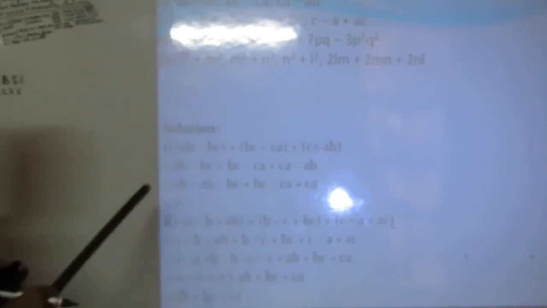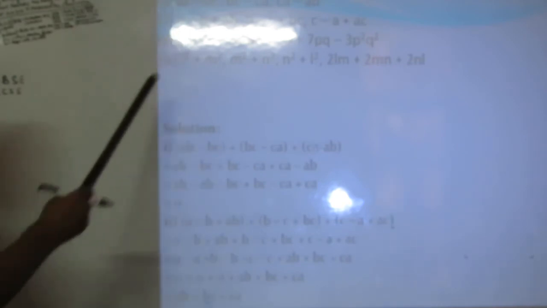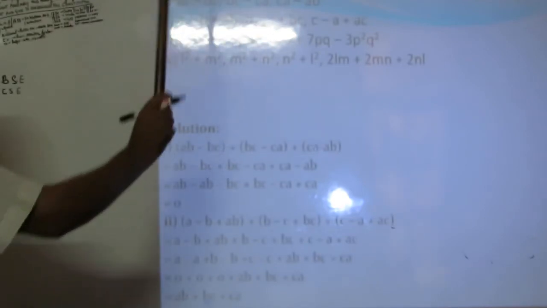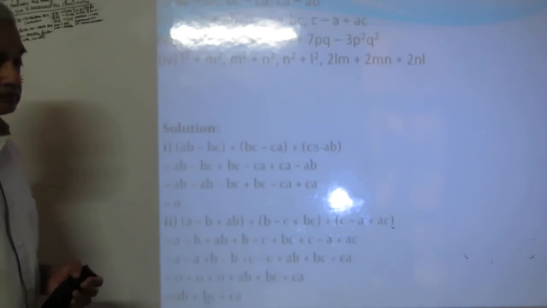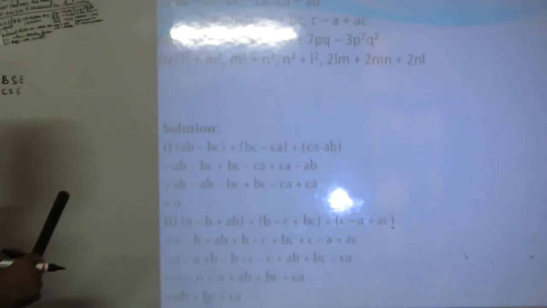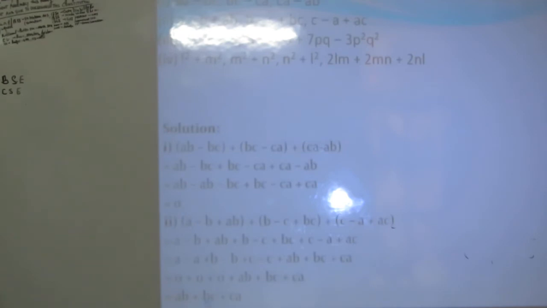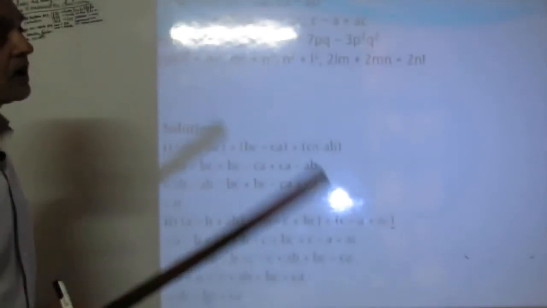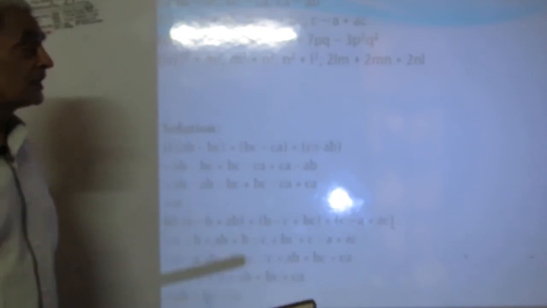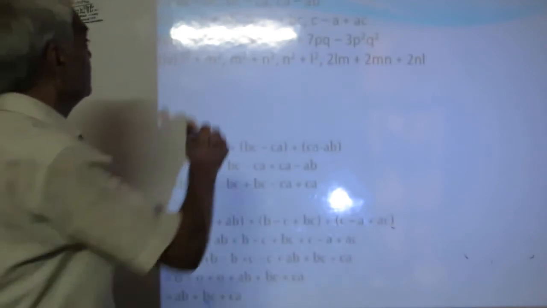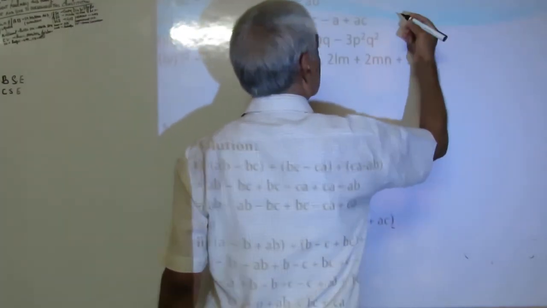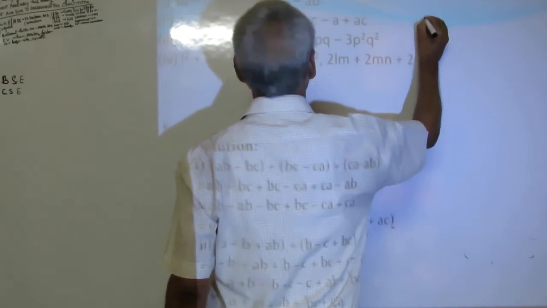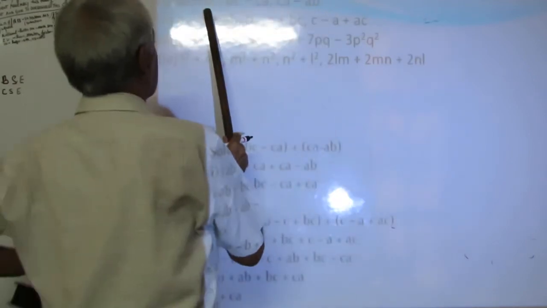Now you have three algebraic expressions and you have to add these terms. So here comes in the picture that only like terms are added. Like term is added to like term. So here the first expression is AB minus BC.